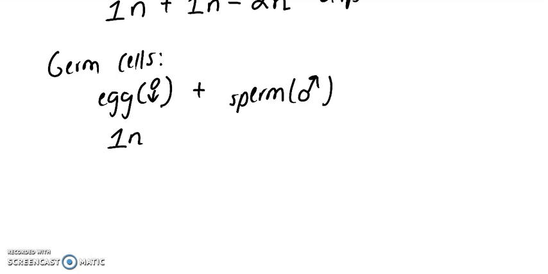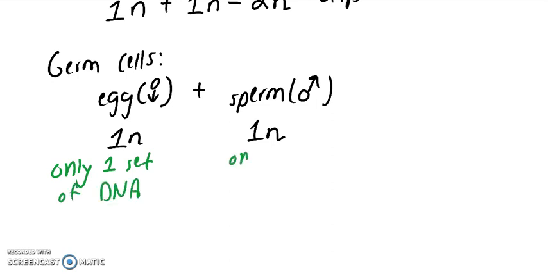Now these aren't somatic cells, so they don't follow the same rules. They only have one set of DNA. As you can see, only one set of DNA. This again only has one set.